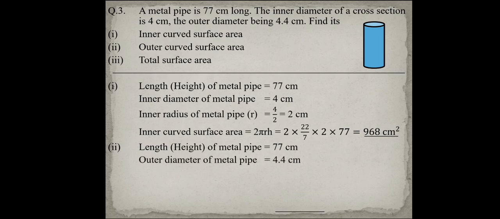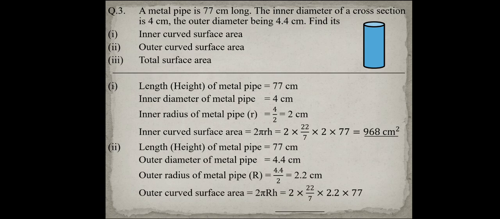It means the outer radius is 4.4 upon 2, 2.2 centimeter. After that we can find the outer curved surface area, which is equal to 2 pi rh. This capital R represents the outer radius of that metal pipe.